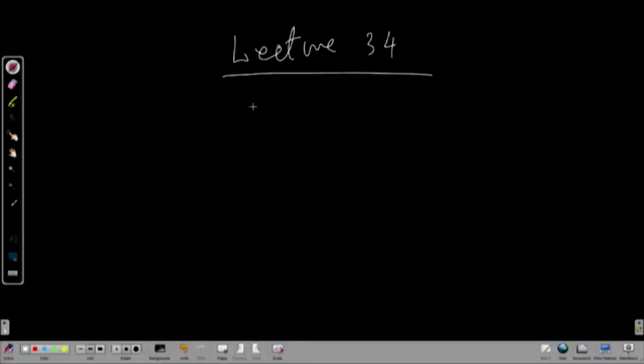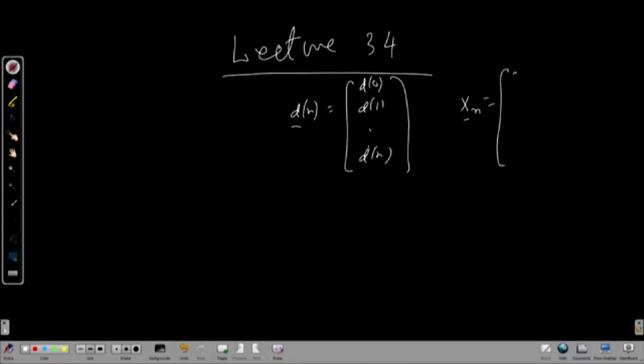Okay, so we continue from what we were discussing last class. Dn was this desired response vector, xn hat x0, this column is called xn column, then one cycle delayed.